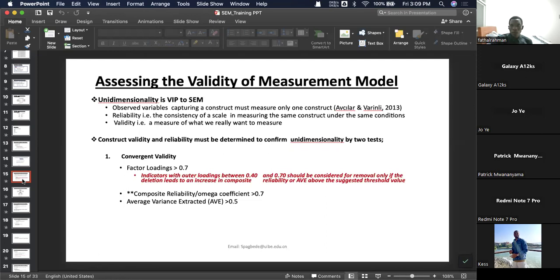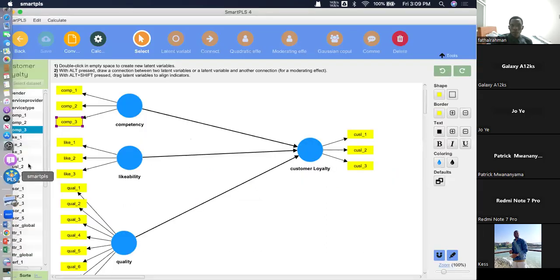For instance, going back to my PLS model, if COMP1, COMP2, COMP3 are designed to measure competency, we would expect a reasonable relationship between these three items and the latent construct.